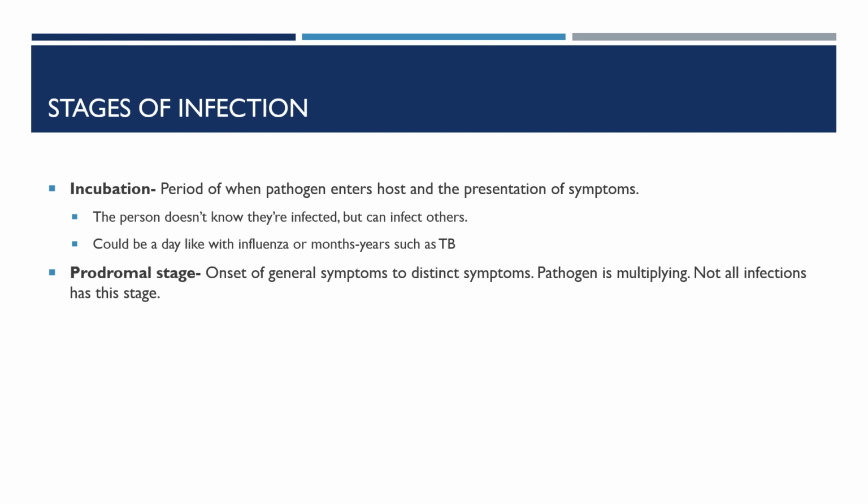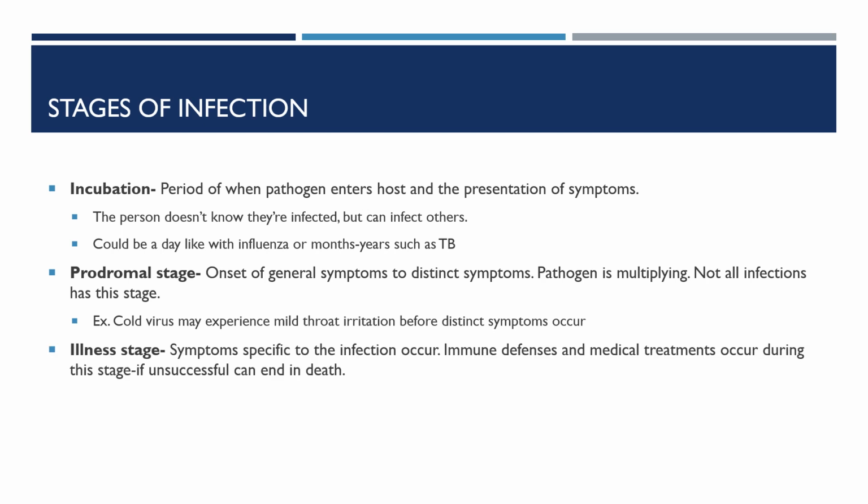Then the next phase is the prodromal stage. The prodromal stage is the first appearance of vague symptoms at the onset of illness. If a person has a cold, they may experience mild throat irritation. They just go, oh, I just have a little cold. All right. So this could last just a couple of days as well.